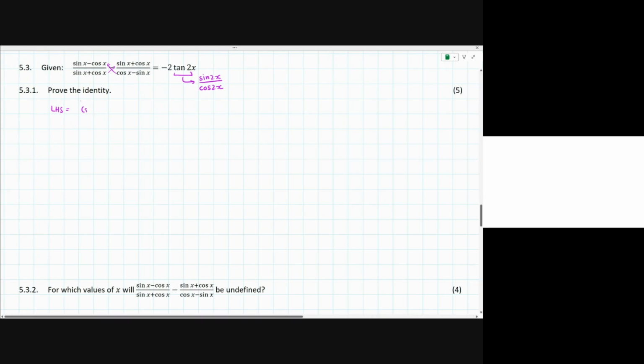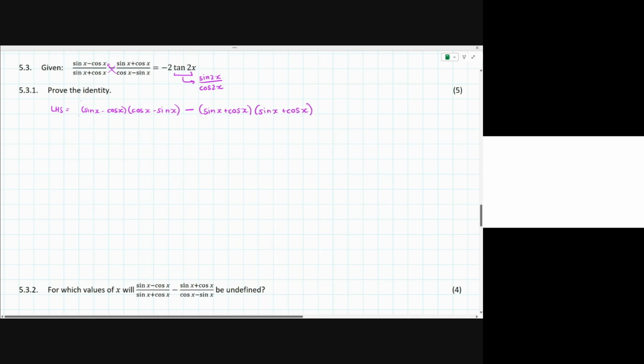We have sine x minus cos x times the LCD, cos x minus sine x. That's just the first fraction. Minus sine x plus cos x times the LCD, sine x plus cos x.